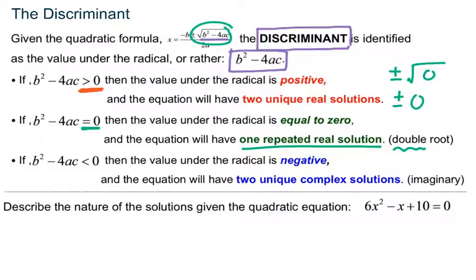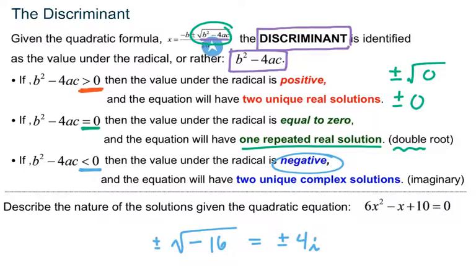And then for our last situation, if the discriminant is less than 0, less than 0 is just our math way of saying we have a negative value under the radical. If I was dealing with the square root of, say, negative 16 under the radical, and remember there would be a plus or minus in front of it, we would get plus or minus 4i.